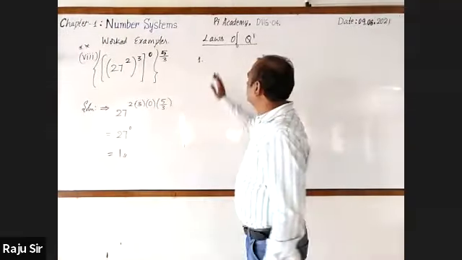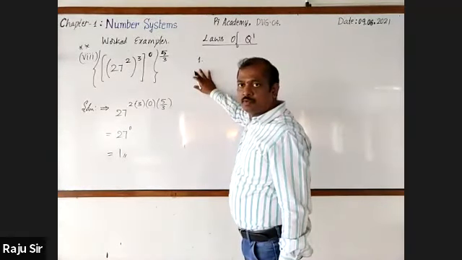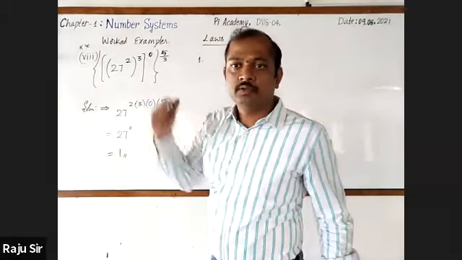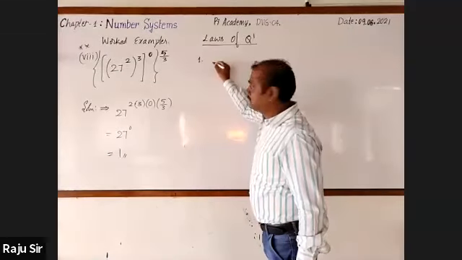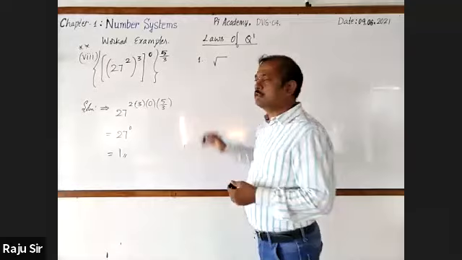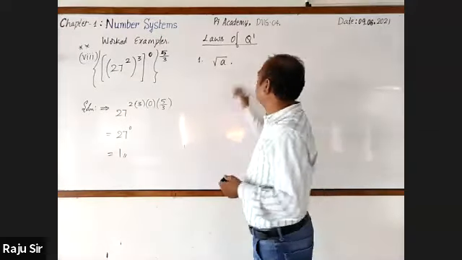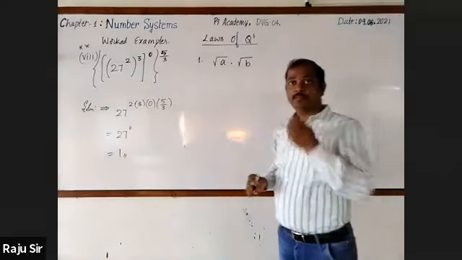Look at them. Let me tell you the first one. Don't copy anything, observe the board. Here, I'll take an irrational number, square root of a, and another irrational number, square root of b.